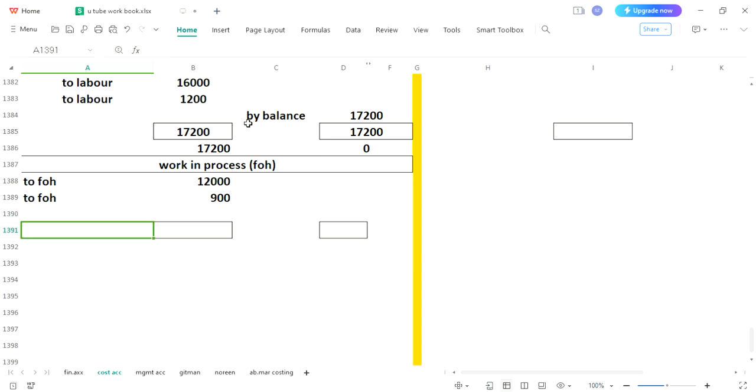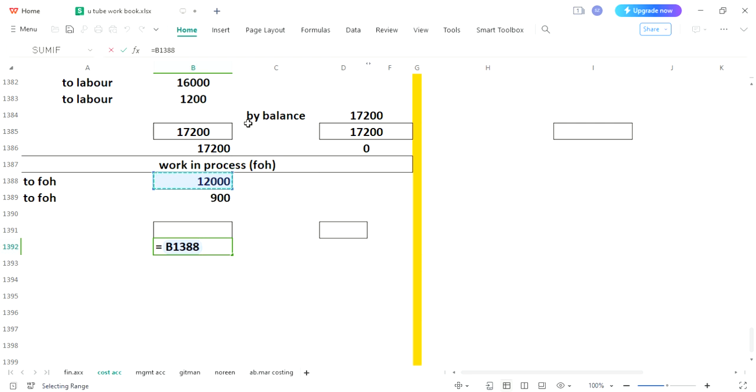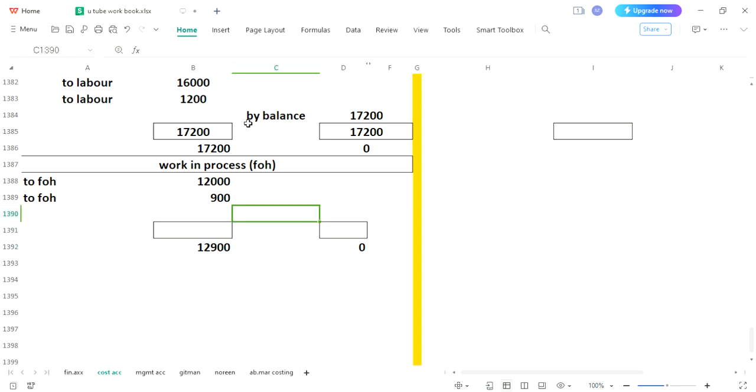Ledger is completed. It's time to calculate the balance. First step is to take the total of both sides. The total of the debit side is 12,900, but the total of the credit side is nil, as nothing was mentioned on the credit side. It's time to see the larger sum, 12,900. We will put it on the total of both sides.